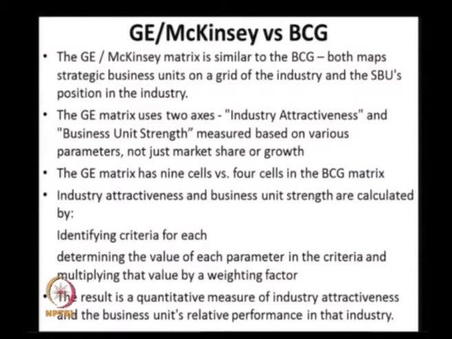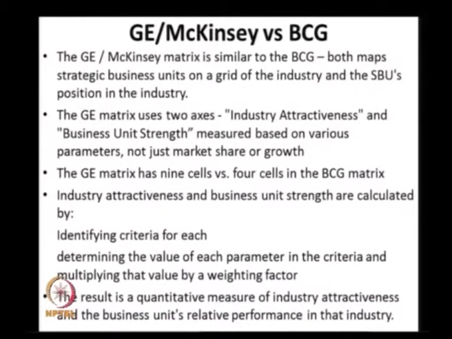The broad requirement why we need to do this is all the same. Both map strategic business units on a grid. In this case, the GE McKinsey uses the industry attractiveness and the SBU's, the strategic business unit's, position in the industry.